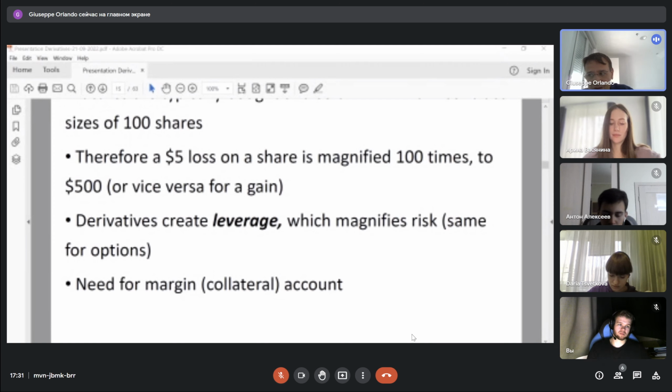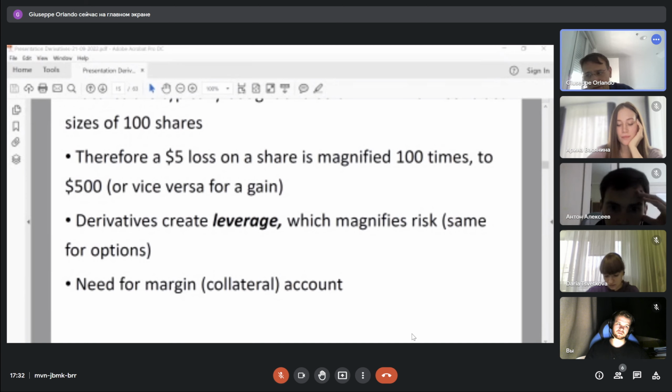So that's why, as I said before, you have an off-balance sheet exposure, because your exposure in reality is not regarding the market increase or decrease of just one security, but of one security times 100, times 1,000, times whatever.